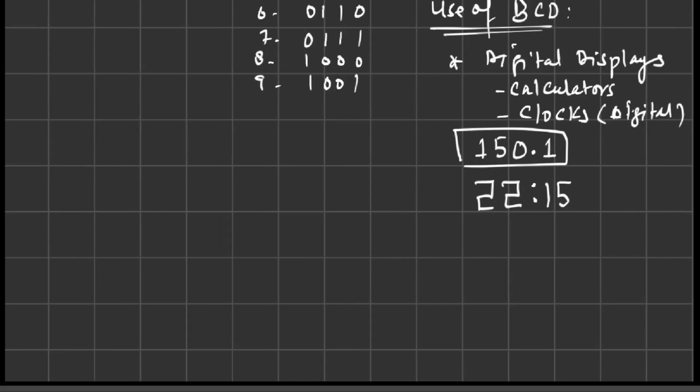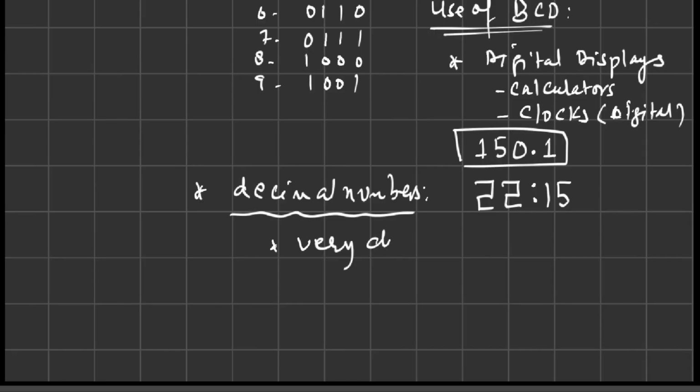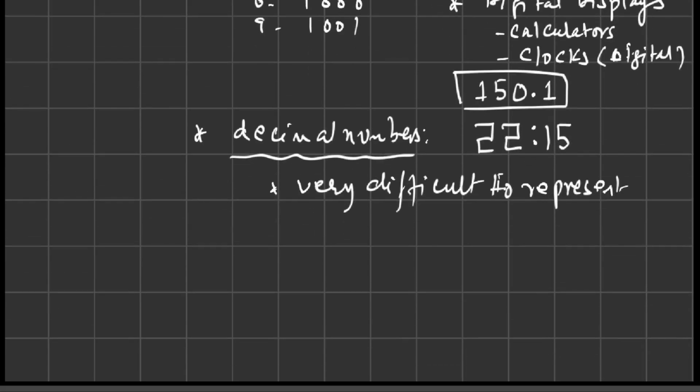The important point for understanding the use of binary coded decimal is that decimal numbers, when they are written into the computer, are very difficult to represent in binary form.